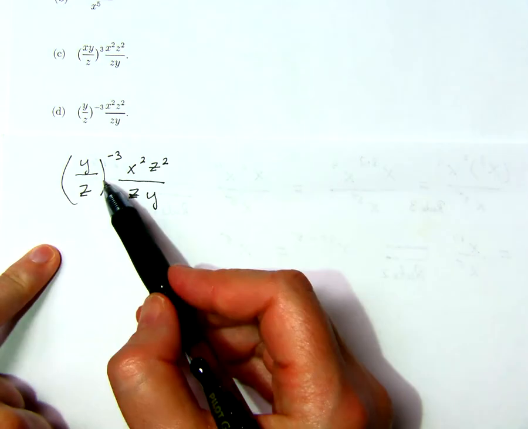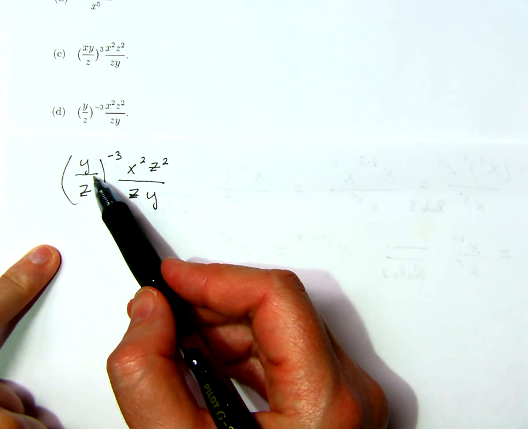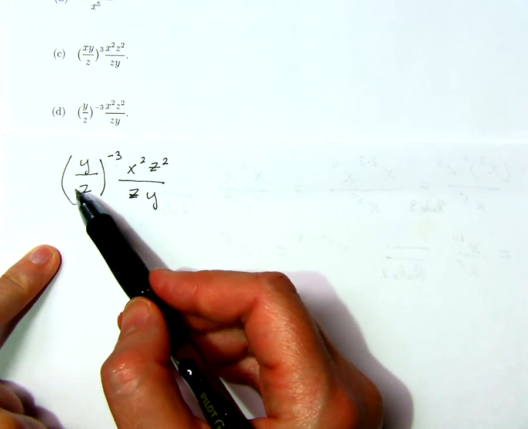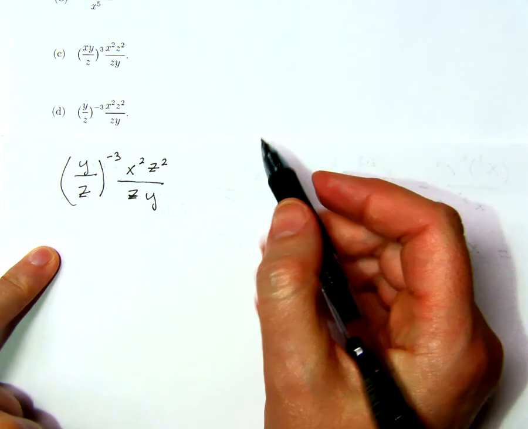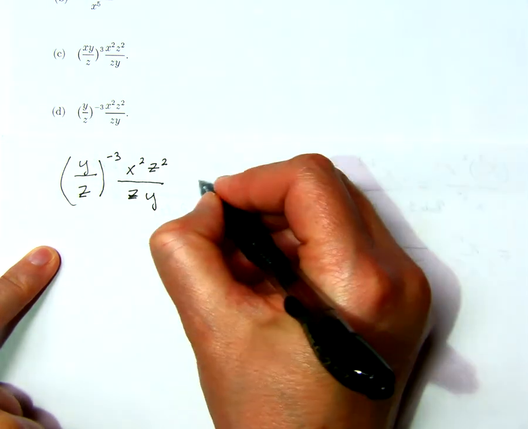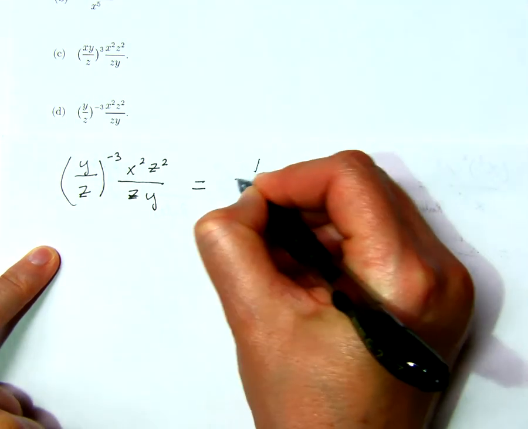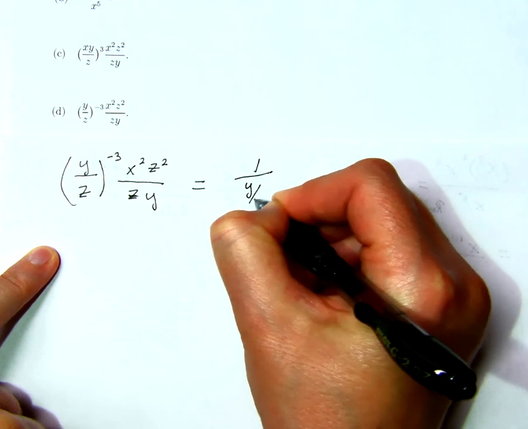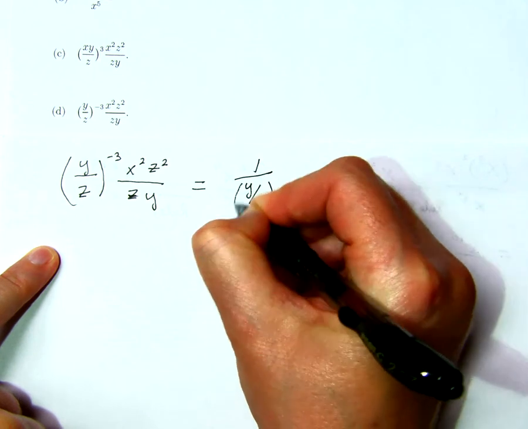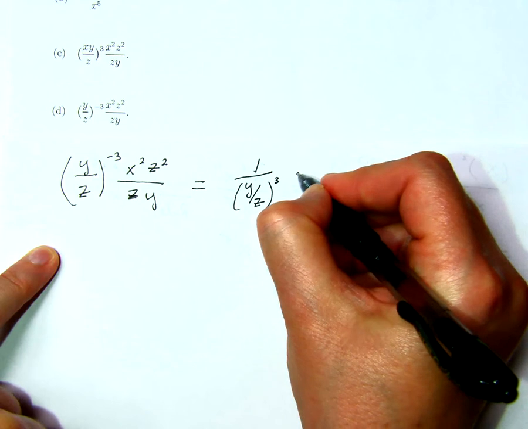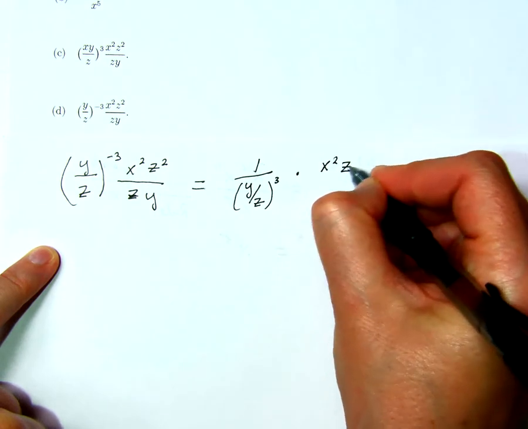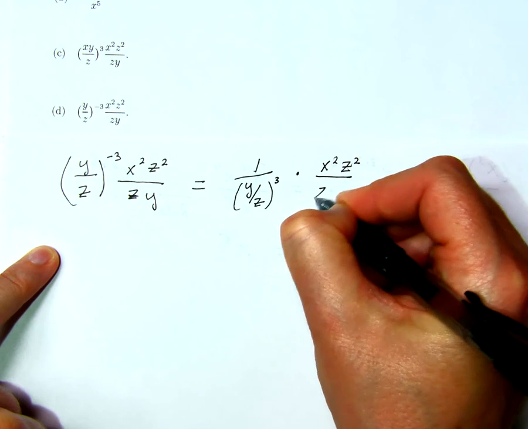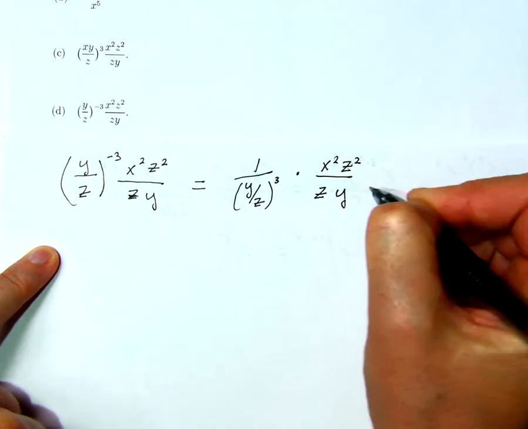So, first of all, by definition, we could use rule number 6 here, but I like to remember as few rules as possible. So, by definition, this is 1 over y over z cubed, and that's x squared times z squared over z times y.